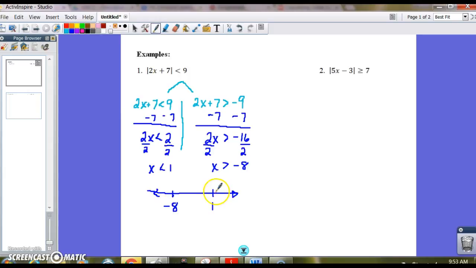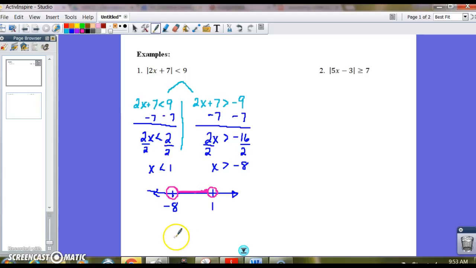X is less than 1, that means I have an open circle at 1 and I'm going less than. Notice I'm not filling in any arrows or anything, okay? Over here, I have x is greater than negative 8, so I have an open circle at negative 8 and I'm going greater than. So what you see is that you're filling in between those two values.